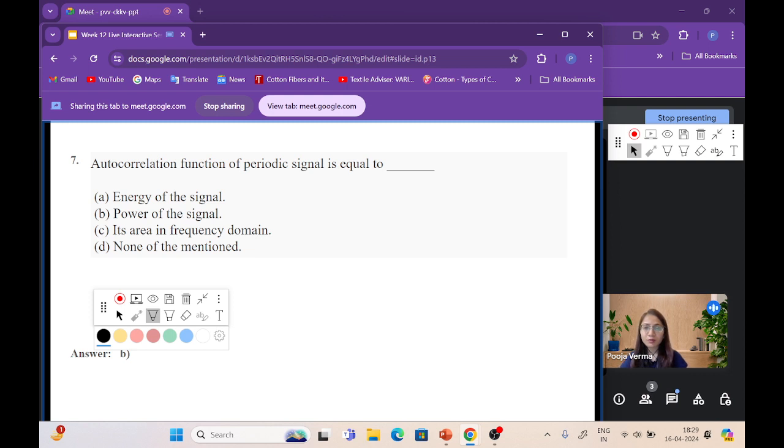The autocorrelation function of a periodic signal is equal to: option A, energy of the signal; option B, power of the signal; option C, its area in frequency domain; or option D, none of the mentioned. So what is the autocorrelation function of a periodic signal?